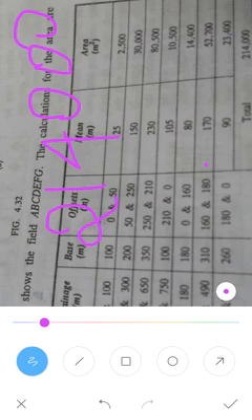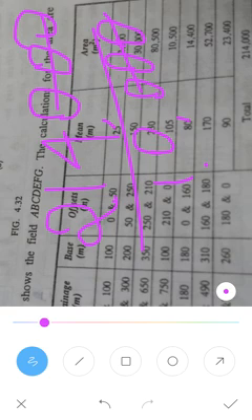So 2 lakh 14,000 divided by 10,000, the zeros cancel, and 214 divided by 10 gives 21.4. So the total area of the field is 21.4 hectares. 1 hectare is equal to 10,000 meter square. So the final answer is 21.4 hectares. This is how you have to get the answer.